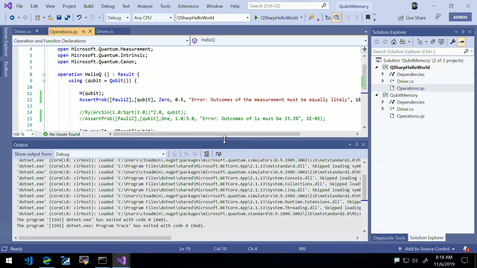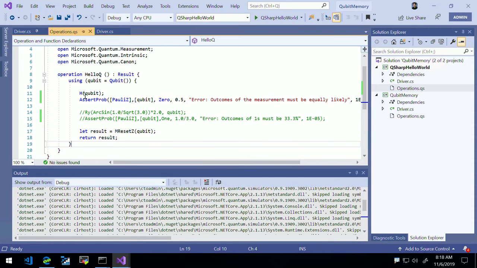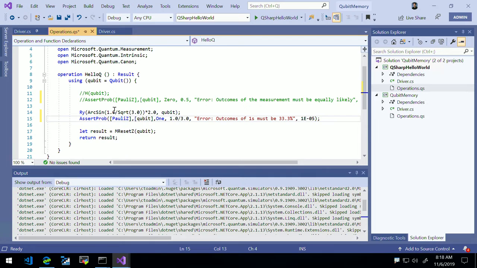One of the things you can do is use different kinds of gates to put the system in a different state of superposition. So I'm going to put it in a state using this phase rotation gate, and basically all the phases you do are on a circle. So you're using basically 2 pi kind of rotations, and that's where you see sine and cosine show up. So if we want to put it into a state that's different than 50-50, we've got to start using that kind of math.